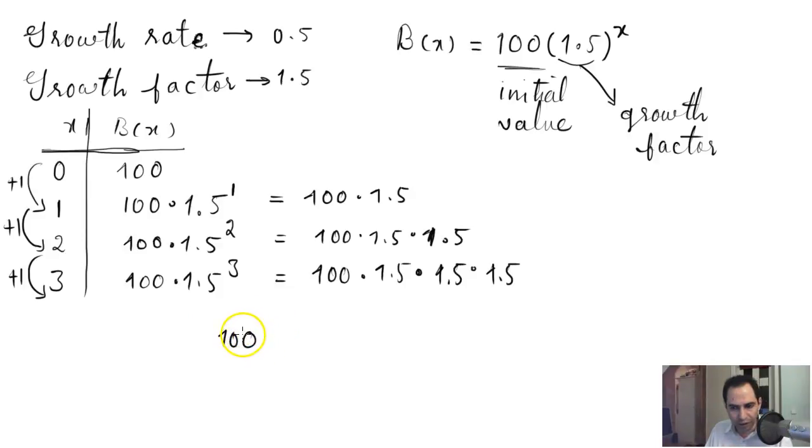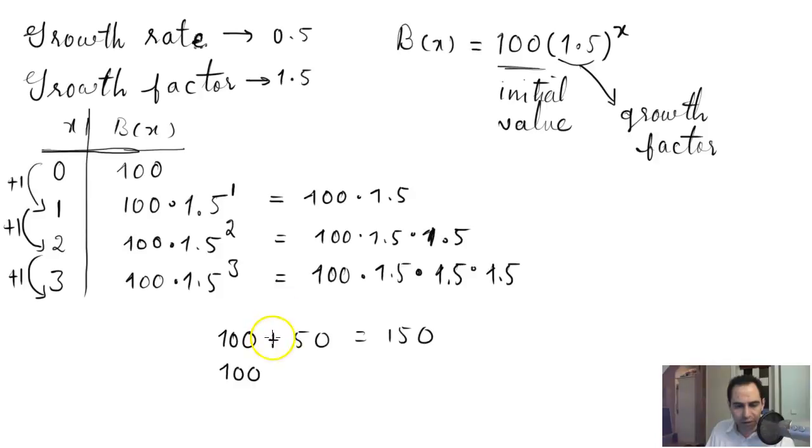So if you increase 100 by 50%, that means you're keeping the 100 and adding 50 to it, so 100 plus 50, which becomes 150.